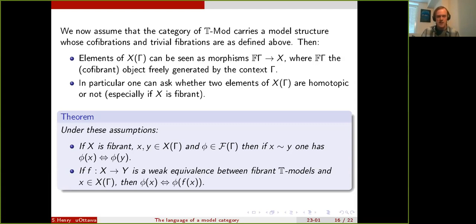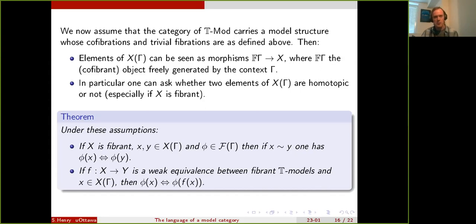So I'm just saying a very quick word about the proof of the theorem. It's actually completely formal and very simple from the previous observations. For example, for the second point, we use that in a model category, a weak equivalence between fibrant objects can be factored as a retract of a trivial fibration followed by a trivial fibration. And because trivial fibrations preserve validity of formulas, we can deduce that weak equivalences preserve validity of formulas.